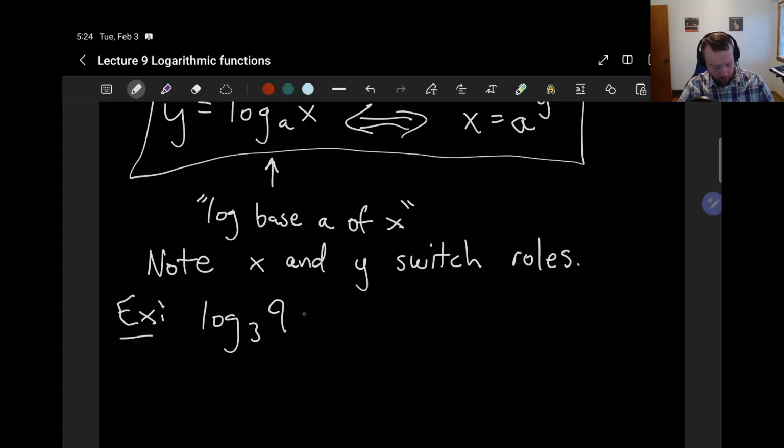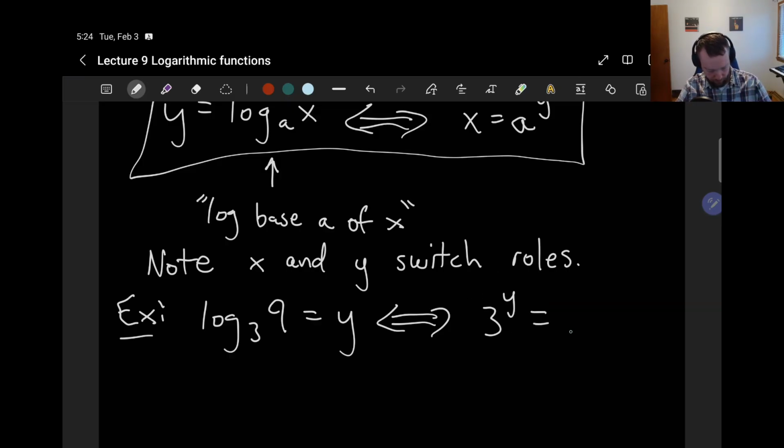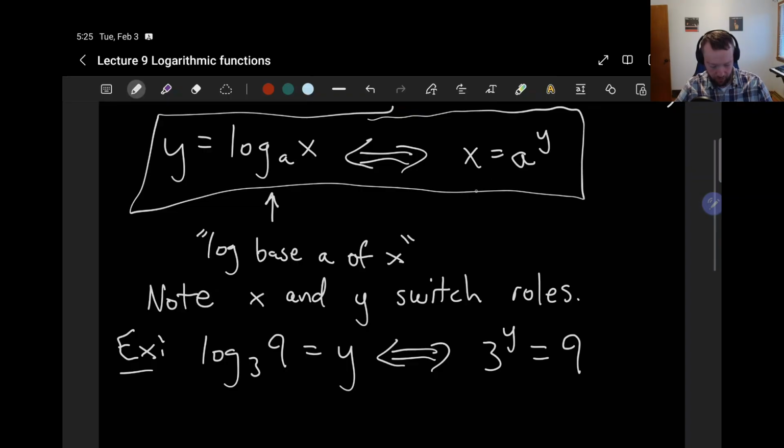Say we want to find log base 3 of 9. Let's call this y. We want to solve for y. To do that, think of it in terms of the exponential. Base 3. Now y is the input. And just notice that I switched the order of these.